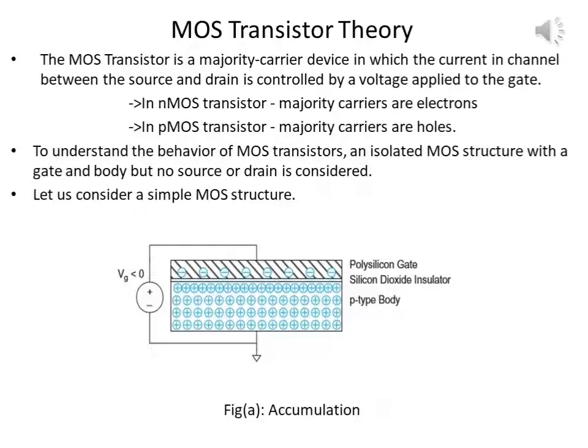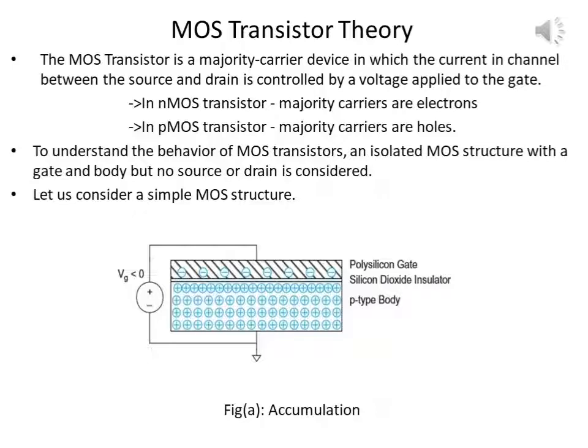There are two types of transistors: the NMOS transistor and the PMOS transistor. In an NMOS transistor, the majority carriers are electrons, and in a PMOS transistor, the majority carriers are holes.